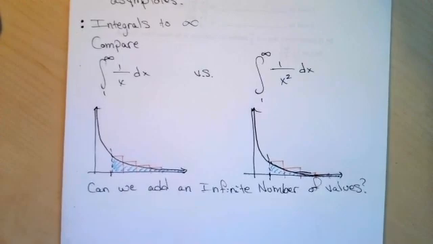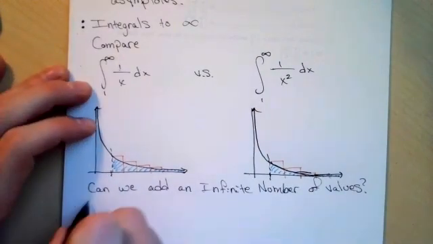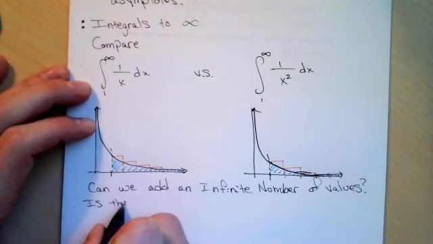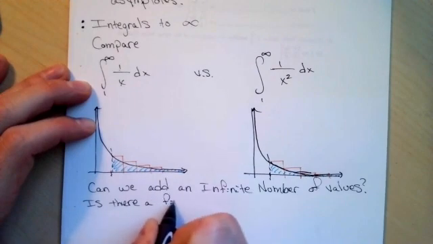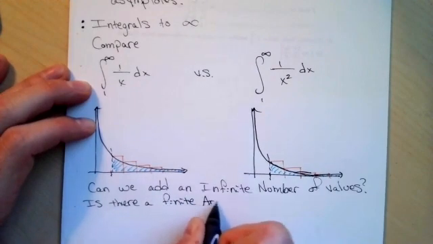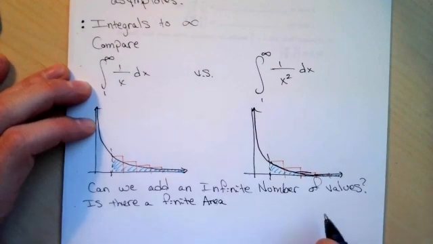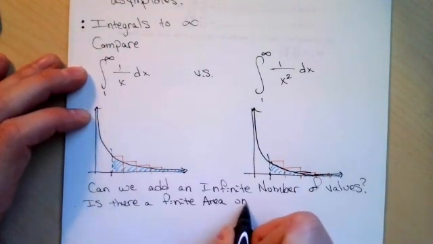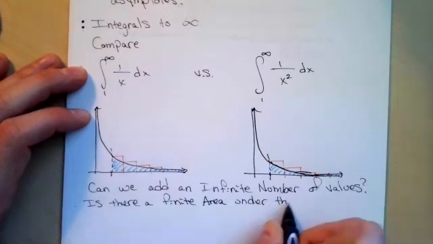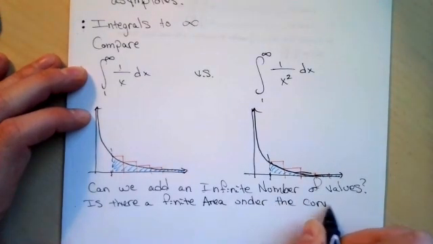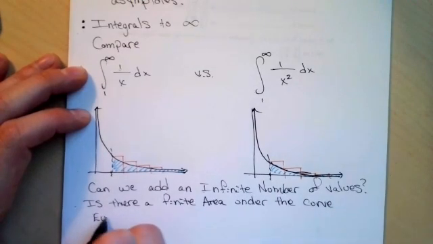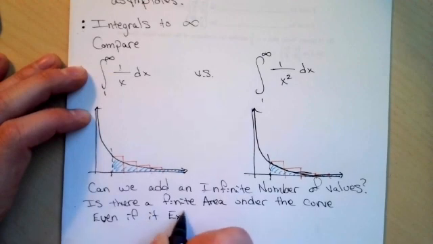Can we add them up to get a finite number is our question. In particular, with the integrals, the other way we want to ask about it is: is there a finite area under the curve even if it extends to infinity?